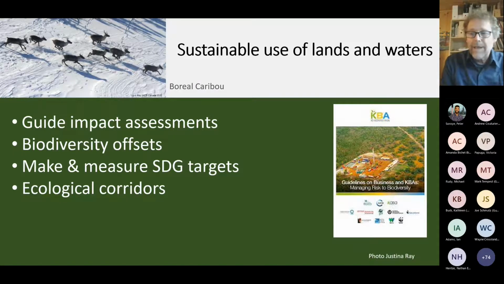The global guidelines in business and KBAs could be adopted and modified in Canada to help businesses to understand KBAs and their importance in making decisions that reduce risk exposure and support nature conservation. KBAs can also be used to guide environmental impact assessments and to help direct biodiversity offsets for impacts that cannot be avoided or mitigated on site. And they can also help industry groups, corporations, and governments to set and measure sustainability goals.